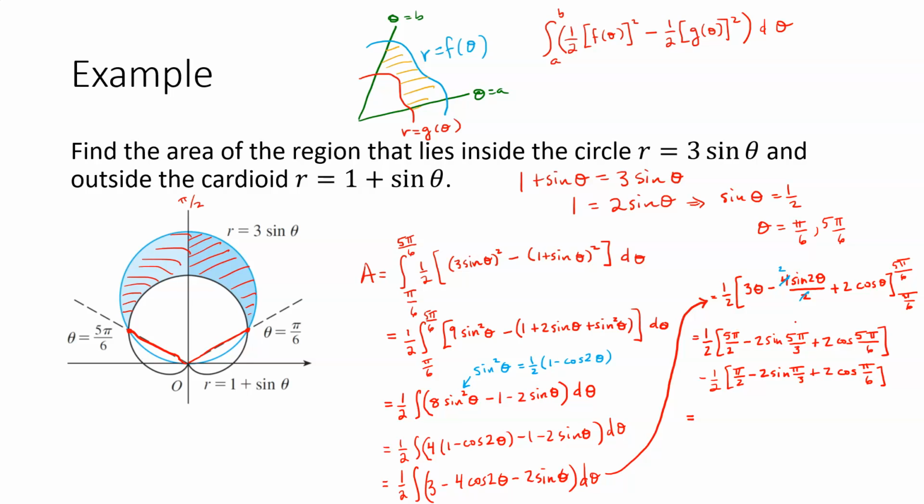So let me evaluate sine of 5 pi over 3, which is, I think, negative radical 3 over 2. So that's just minus radical 3. Cosine of 5 pi over 6 will be negative radical 3 over 2, so minus radical 3 there.